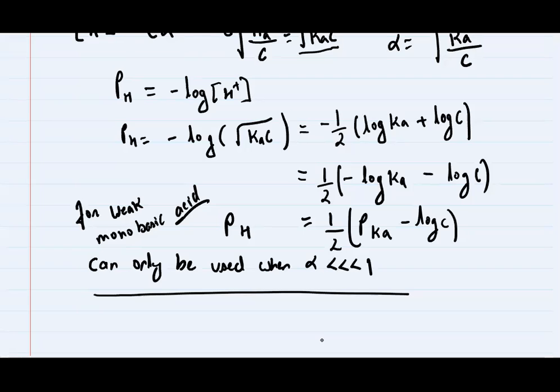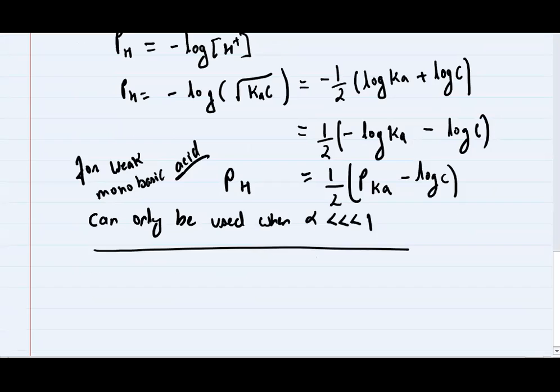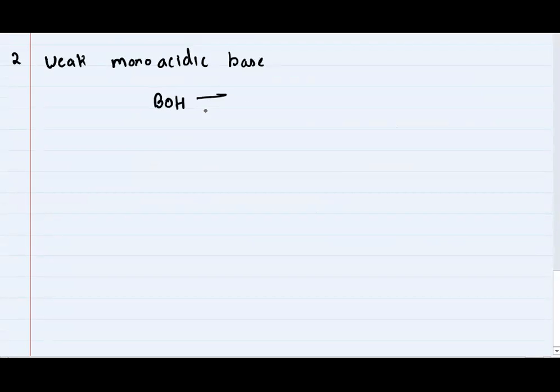Okay. Now, let's think about the second type of electrolyte. The second type of electrolyte is weak monoacidic base. So it's like BOH. BOH gives B plus and OH minus.